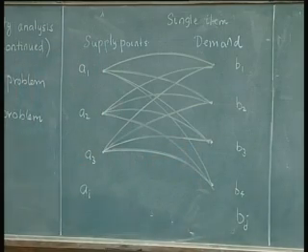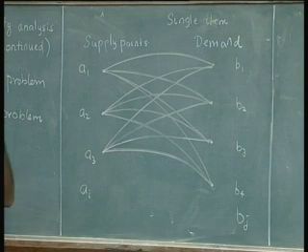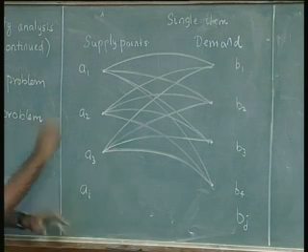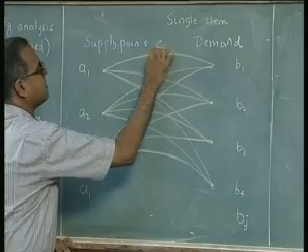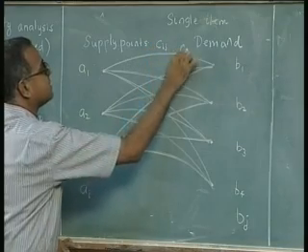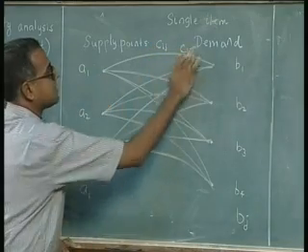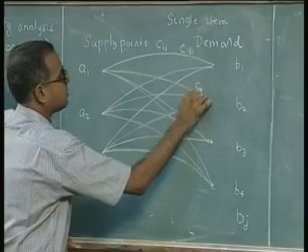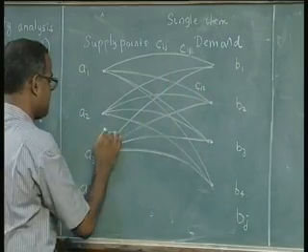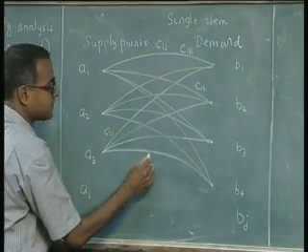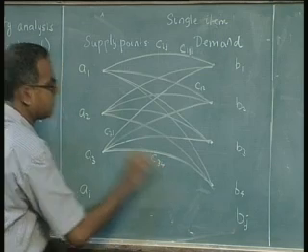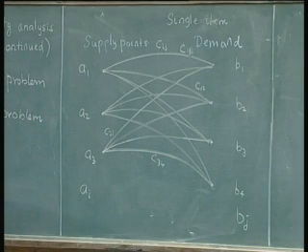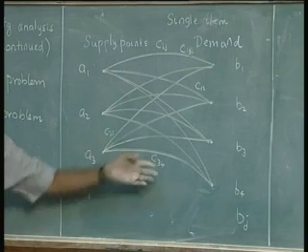And the cost of supplying one quantity, one item from i to j is given by Cij. In this case, this is C11, this is C12. For example, this is C31, this is C34 respectively. So the cost of unit transportation from i to j is given by Cij.